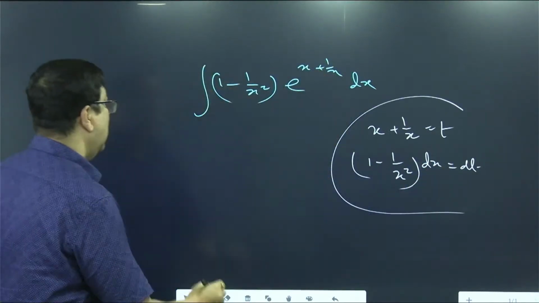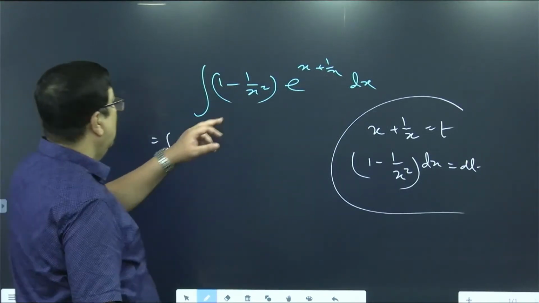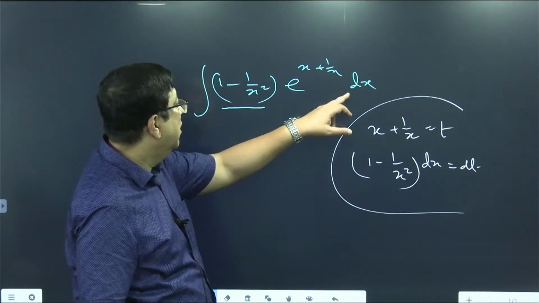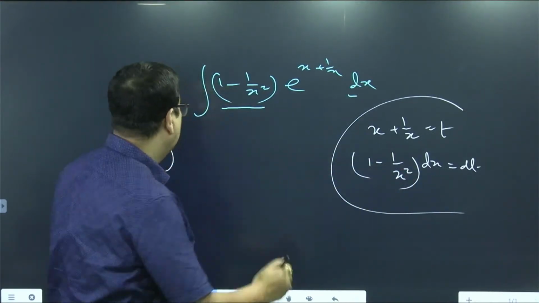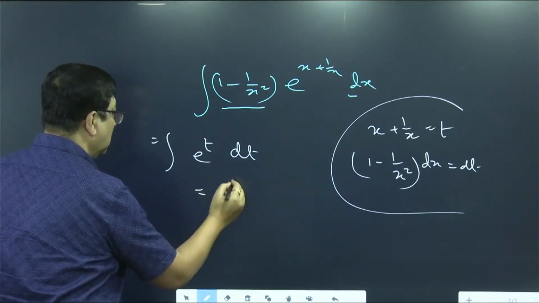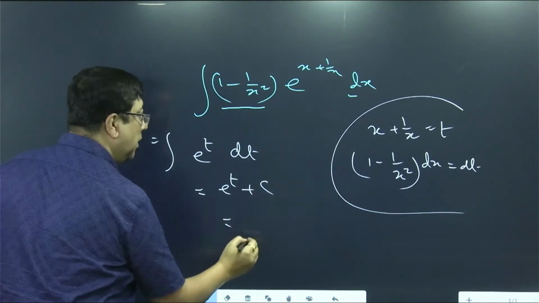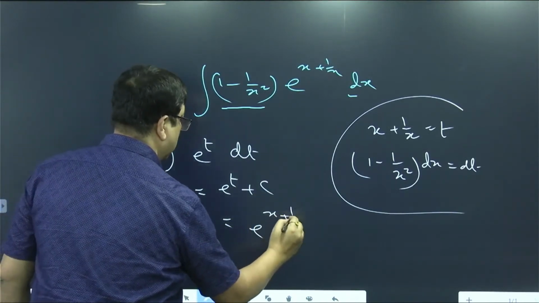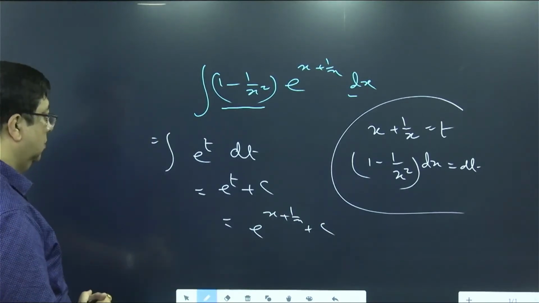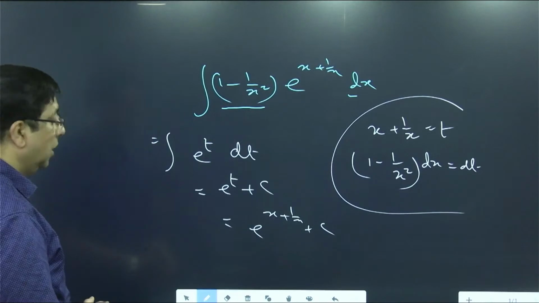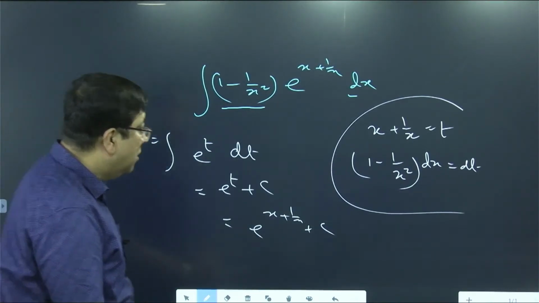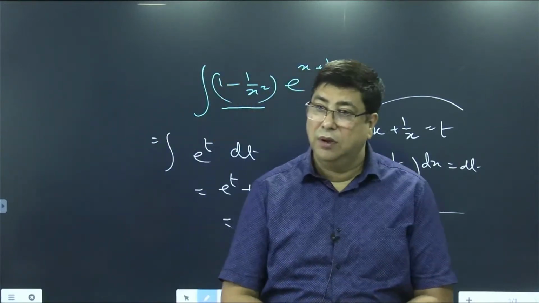So we can write this as e to the power t, with (1 minus 1 by x square) dx replaced by dt. The integration of e to the power t is e to the power t plus c, and that is the final answer. Understood this? Now let's apply those 6 formulas of the substitution.